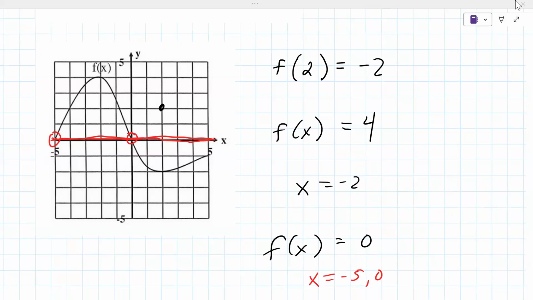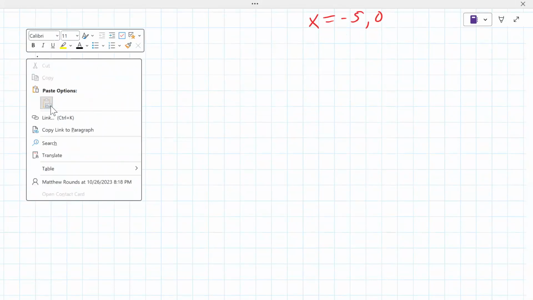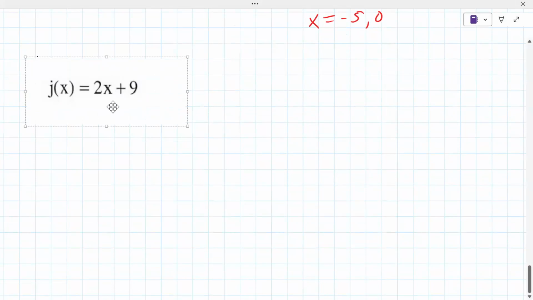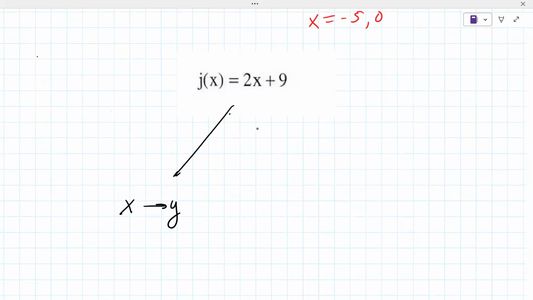So there are a lot of directions this could go. Let's say I give you a function like this. There are 2 questions I could ask, and we've already talked about this. I can either give you an x to find y, or a y to find x, and you have to be comfortable with which direction.